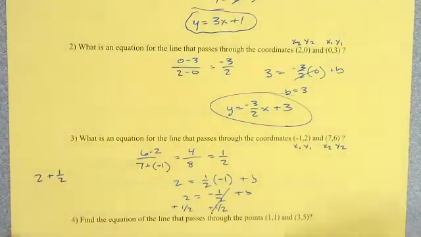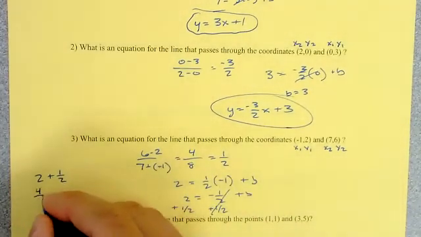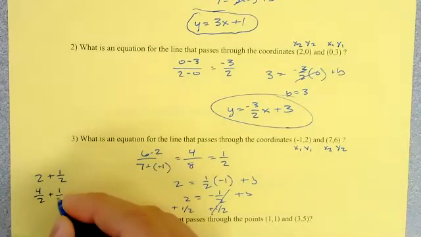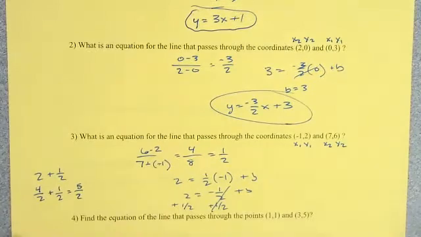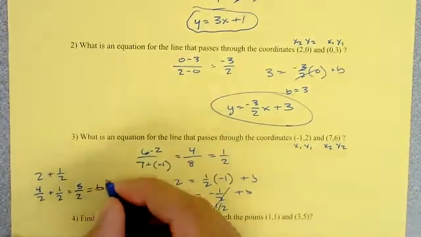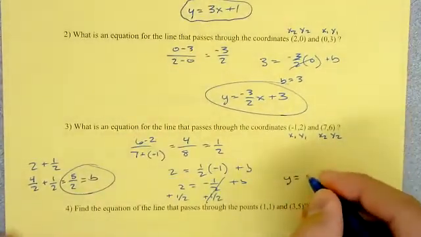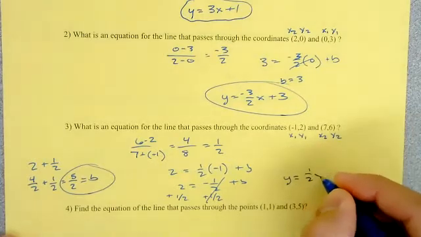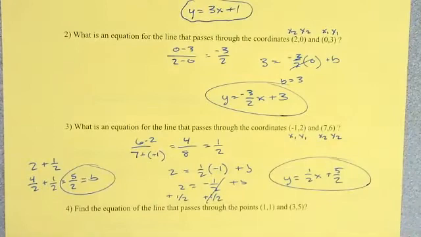Remember, if we want to add, obviously we could write 2.5, or we can change this to 4/2 so that they have a common denominator. Then 4/2 plus 1/2 would equal 5/2. And so I get y equals 1/2 x plus 5/2.